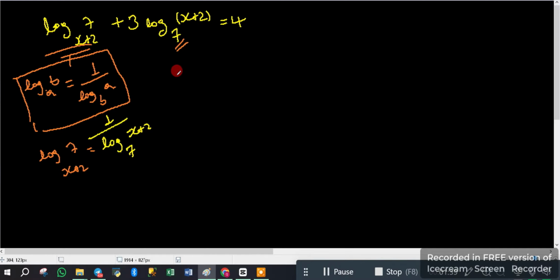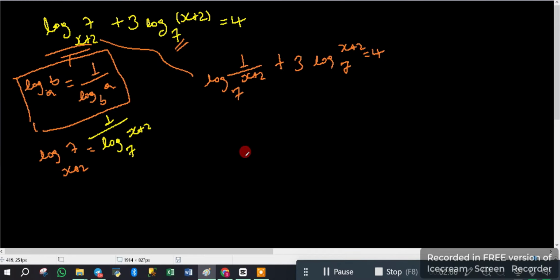So after this one, let us go here. 1 over log x plus 2 base 7 plus 3 times log x plus 2 base 7 is equal to 4.